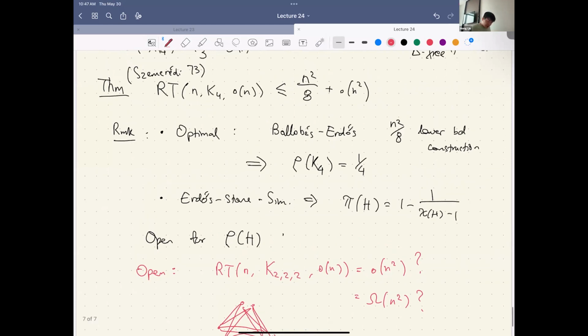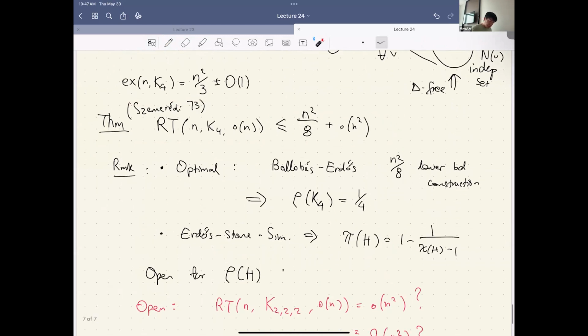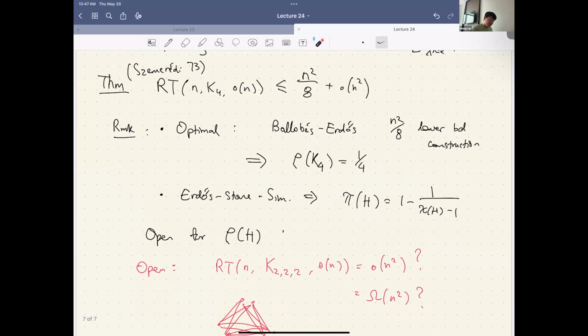Now coming back to this upper bound, let's prove it. I will give a sketch of the proof for you to fill in the details. So we want to prove what? You have an n-vertex graph, K4 free, independence number little o(n). You want to show that the number of edges is at most this much.